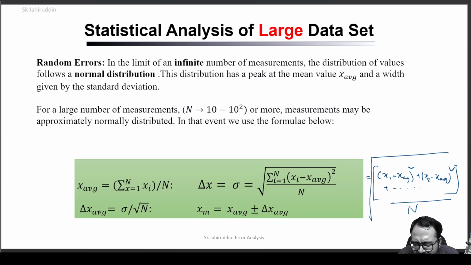Then your average, delta x of average, which is actually a representation of error, is sigma by square root of n. Remember all those formulas and apply them accordingly.